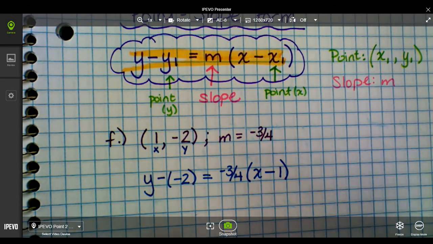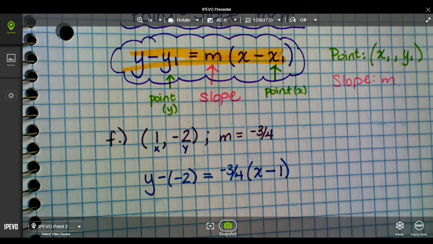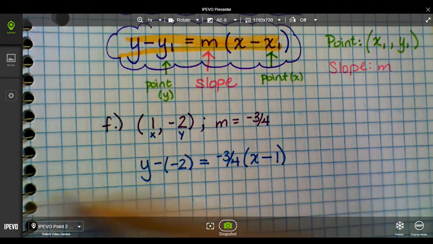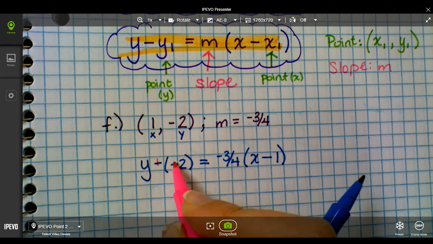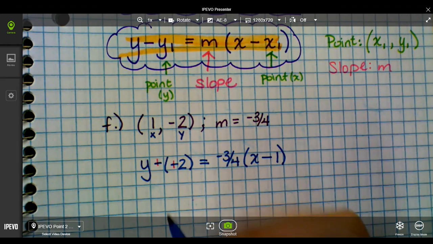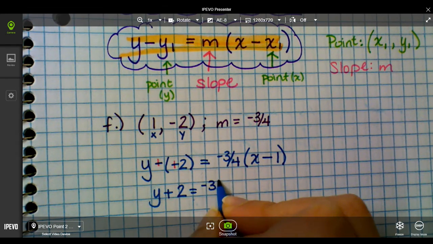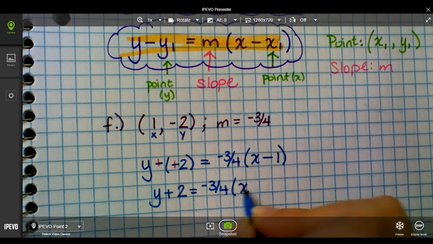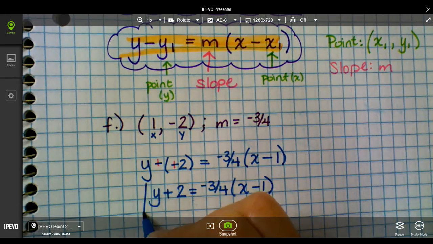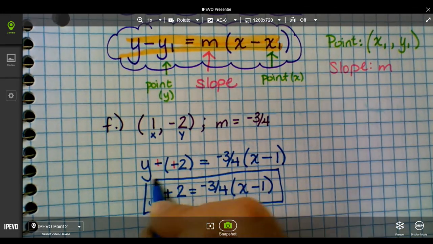Okay, but I don't like having double signs in my equations. So you guys have to remember that whenever you're subtracting a negative, you change both of them and it becomes addition. So now I have y plus 2 equals negative 3/4 times x minus 1. So this is kind of what I was saying before.